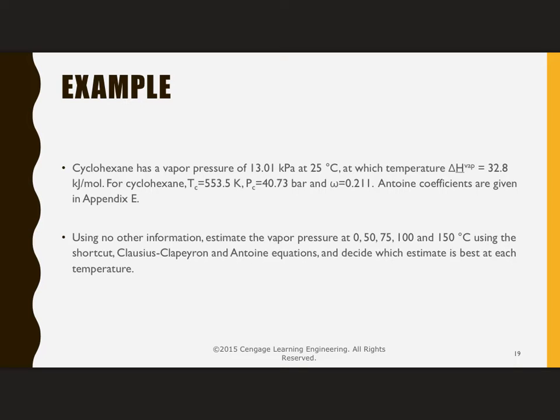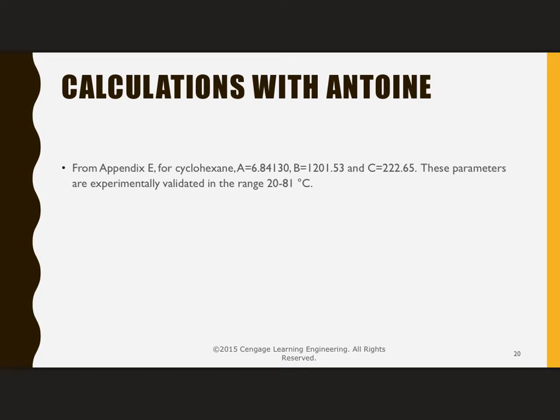The Antoine coefficients are given in Appendix E of your textbook. Using no additional information, estimate the vapor pressure at 0, 50, 75, 100, and 150 degrees C using the shortcut, Clausius-Clapeyron, and Antoine equations. And then let's try to figure out when we might want to use these various things.